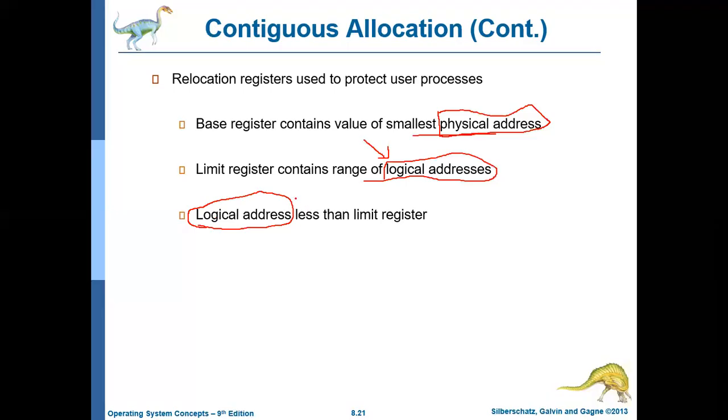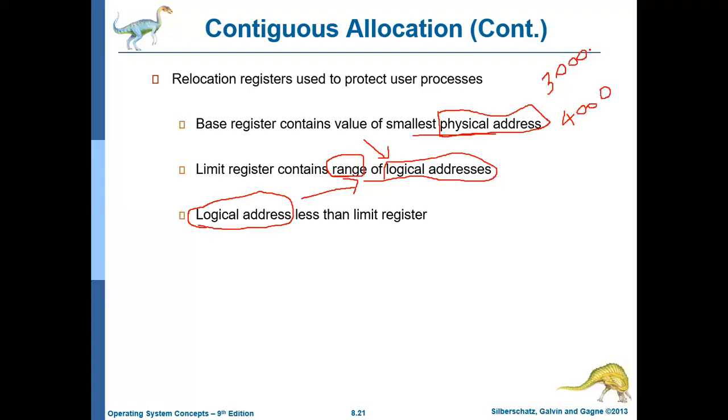Then the memory hardware will check whether the logical address given by the CPU is less than the range of logical addresses. The range is, say, process P1 can access locations starting from 3000 to 4000.